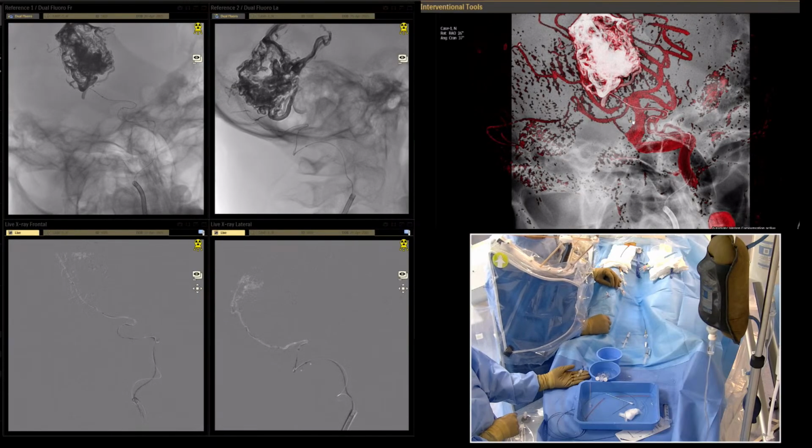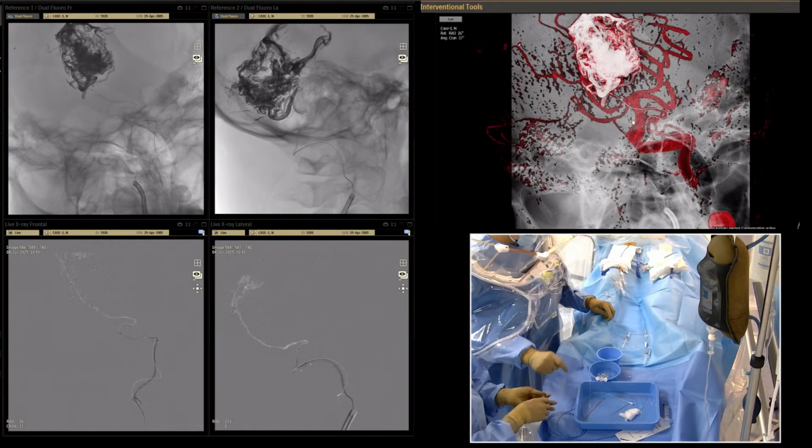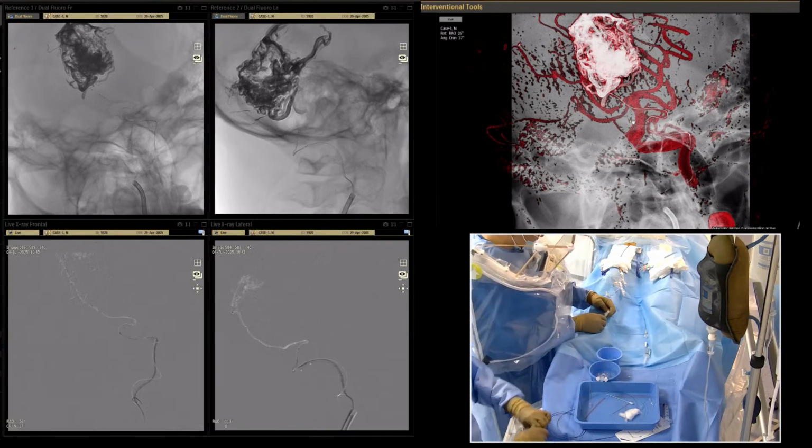Okay, maybe the previous position of the sonic was good. Let's not go. Okay, let's work from this position.